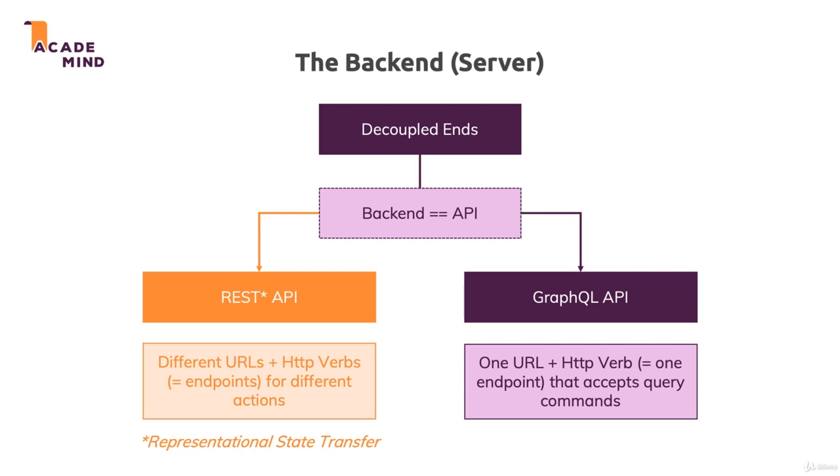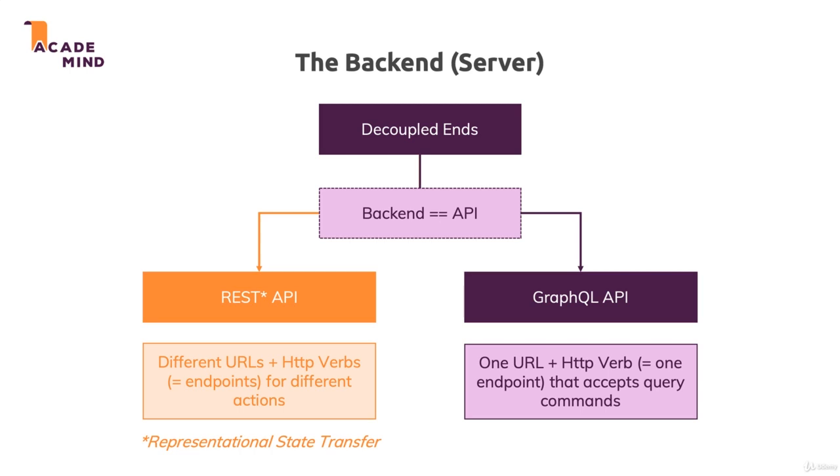Still, on the server side, when you build such an API, you define which query commands you want to support. So you still don't support everything. But you don't work with different path-verb combinations, but instead with that query language to trigger different actions and so on.